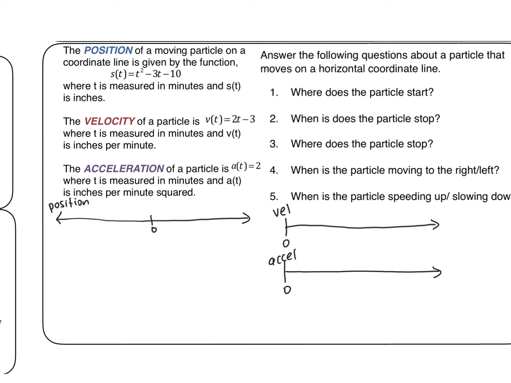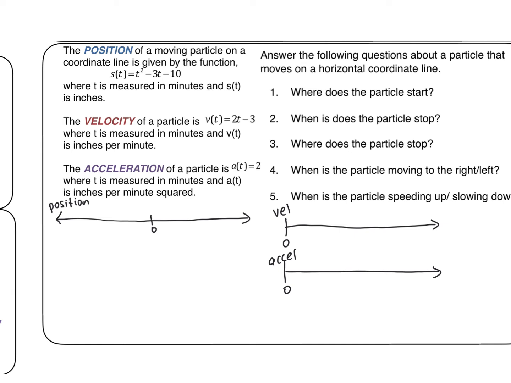Okay, so where does a particle start? That can be decided if we look at the position. So we're going to take a look at the position function. That means, where on the number line does this particle start? When something is just starting, we know that the time element has to be 0.